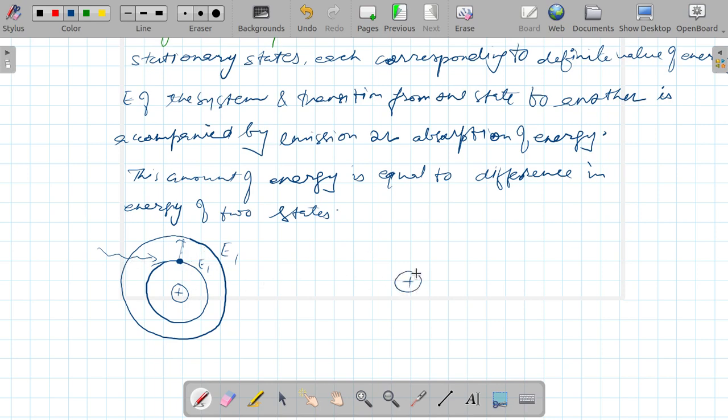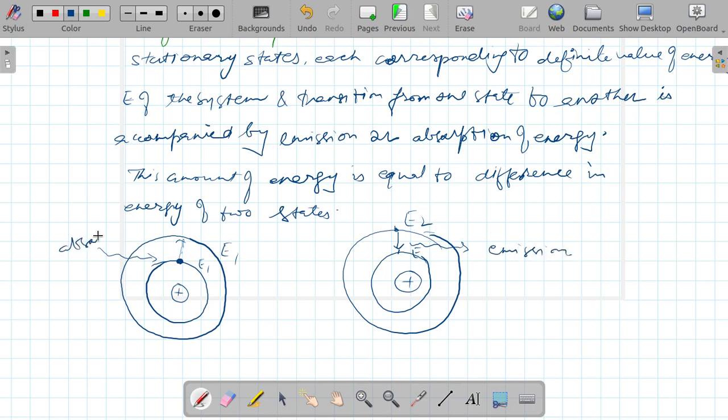And another possibility: if by some process an electron is in level E2, then there is a transition from this to this, and there is emission of a photon. It is emission and it is absorption. This is the geometrical representation. So h nu is equal to E2 minus E1, and the photon which is absorbed or emitted is nothing but E2 minus E1.